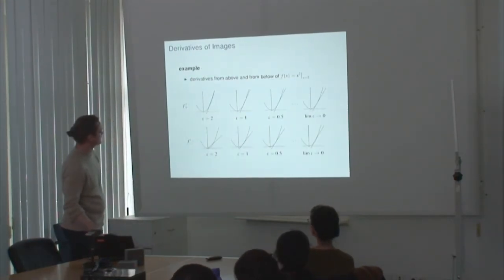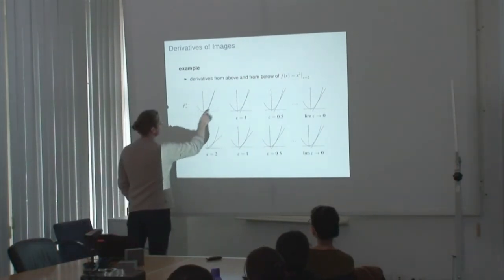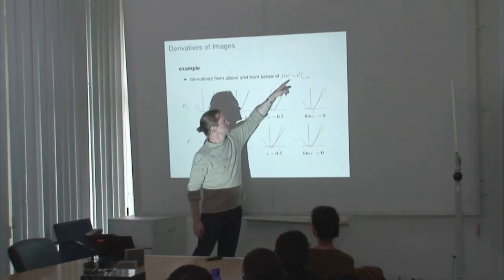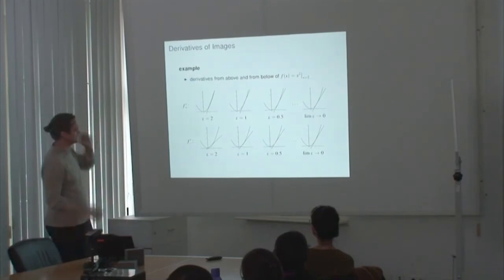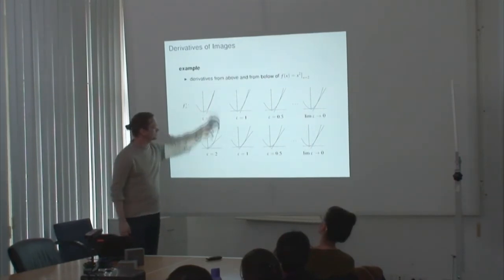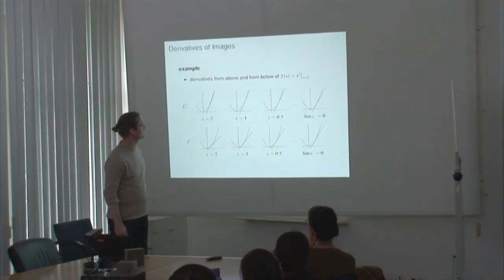And here is an example. I have plotted for you the function x squared. So the function we are interested in, f of x, is x squared. We are interested in the derivative of this function at x equals 2. And I have plotted this limiting process. We start somewhere with, say, epsilon equals 2.